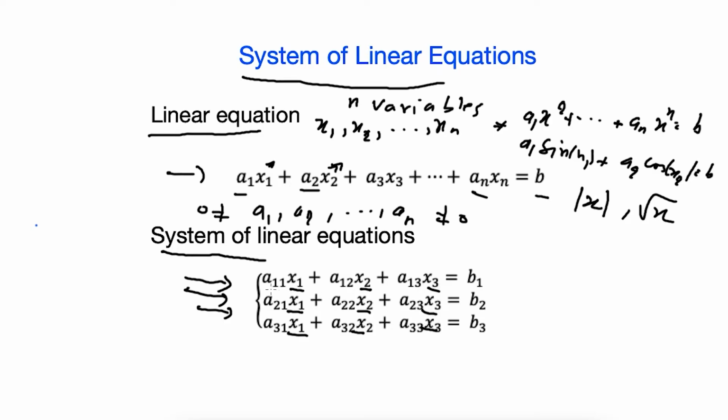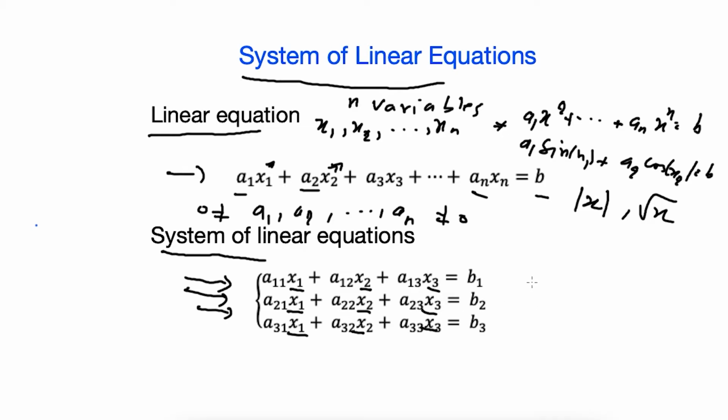However, the constants a11, a12 and so on can take any values, and they don't have to be the same in each equation of the system. And we call it a system of linear equations or simply a linear system.